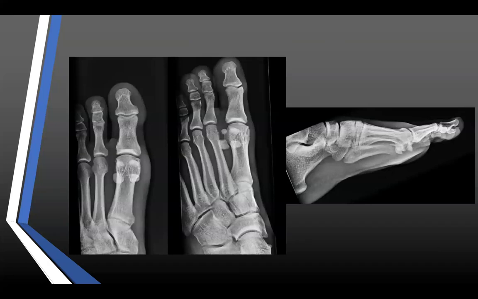I don't know what the data are in terms of the incidence of turf toe injuries in congenital bipartite sesamoids versus non-bipartite sesamoids, so I'm not sure about that. But in terms of how you would distinguish them, those are the things you can look for. It can be difficult, as Charlie said.